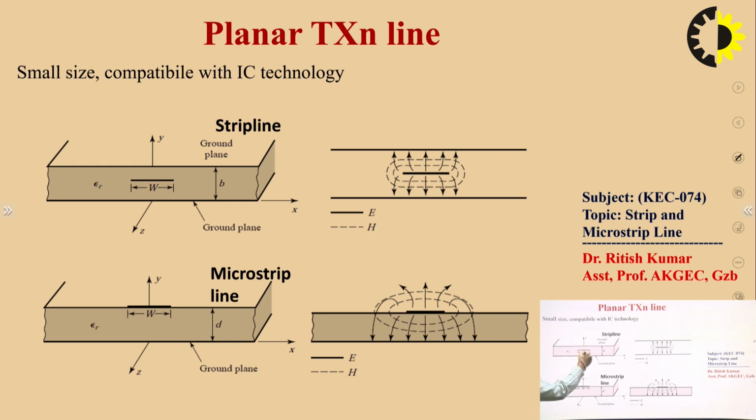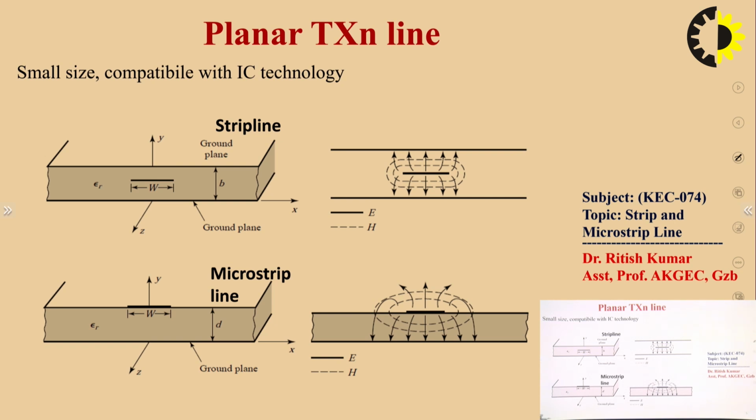But the inner conductor of the strip line has a homogeneous surrounding medium, while in the microstrip line above the strip there is the surrounding medium, and below the microstrip line the medium is some kind of material that has electrical permittivity epsilon r.